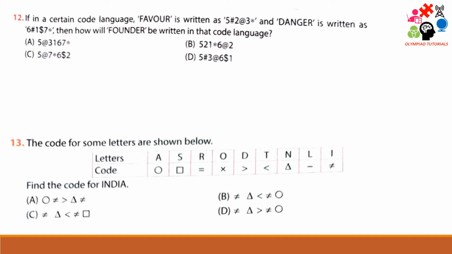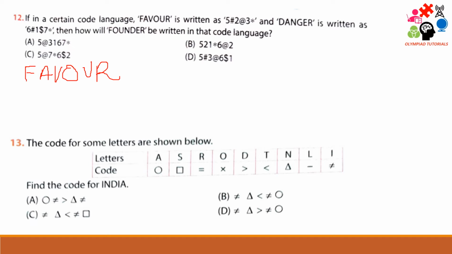Here again in a certain coded language, favor is written as 5#2@3* and danger is written as 6#1$7*. Then how will founder be written in a certain code? So we'll first of all write down the codes for them. FAVOUR, favor.